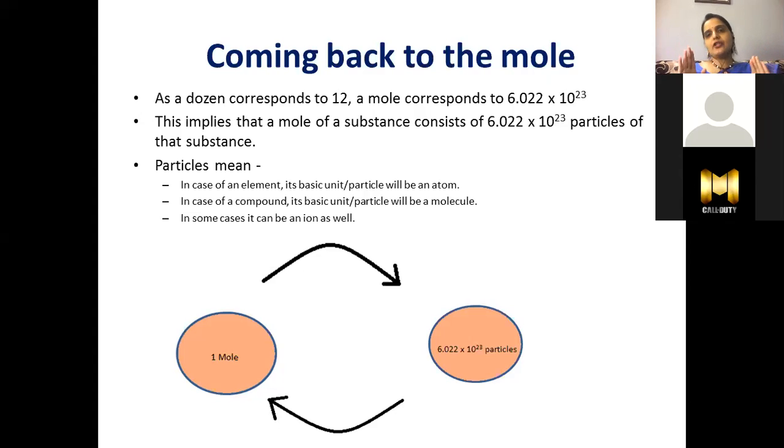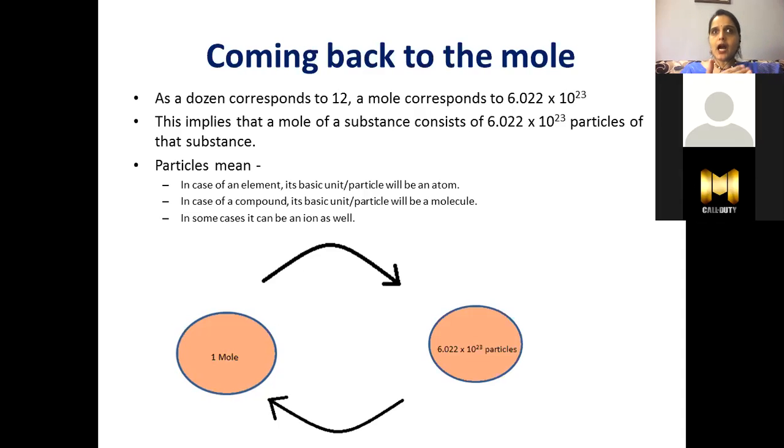Now we just have to imagine here, because we cannot see atoms, and we cannot see molecules. So we just have to imagine that we have taken a mole of a substance. The way we say that I have got 1 dozen of banana, that means I have got 12 bananas at home.